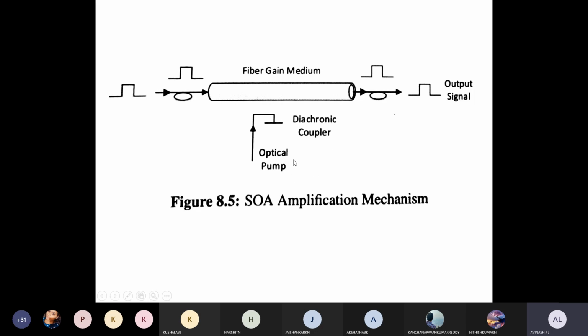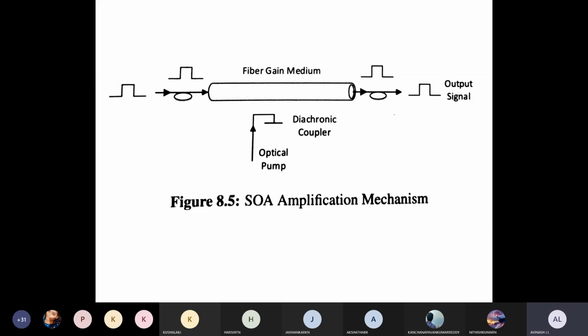A dichroic coupler we are going to use in order to pump that optical pump energy into the fiber gain medium. Once we do this process, what comes as output is the amplified signal.